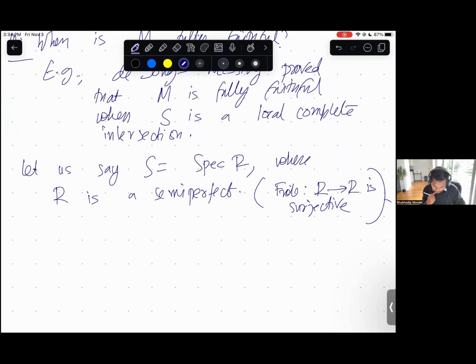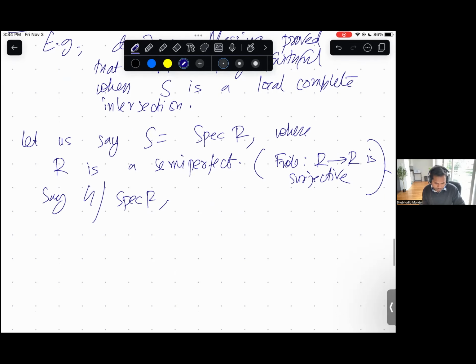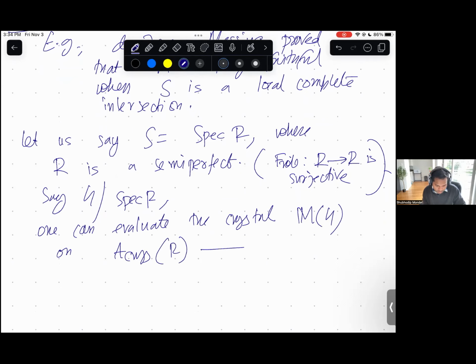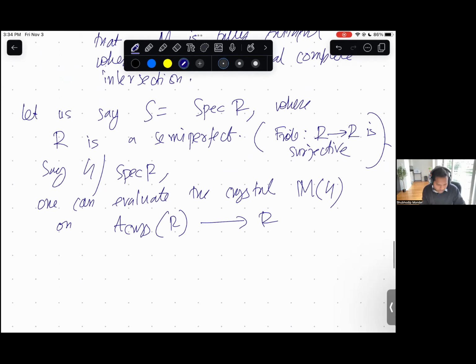So in this case, what one can do is that, say G is over Spec R, then one can evaluate the crystal M(G) on this algebra called A_crys, which I'll write down the definition.